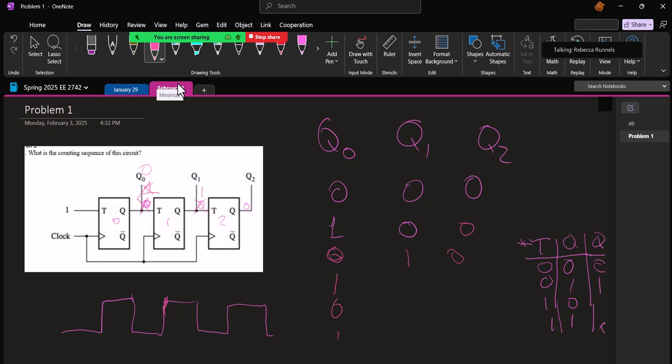It doesn't change. The input for Q2 is Q1 from the time before, which is 1. What does a T flip-flop do when its input is 1? It toggles. So I'll get a 1.